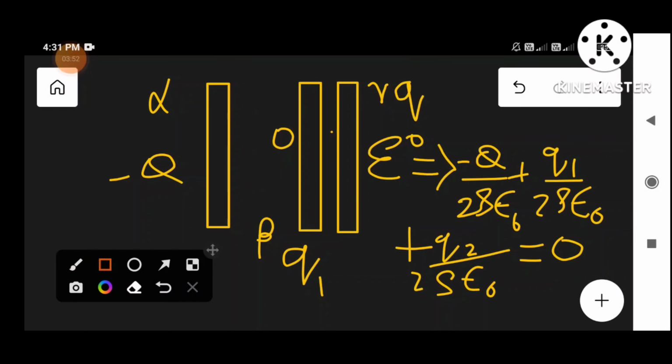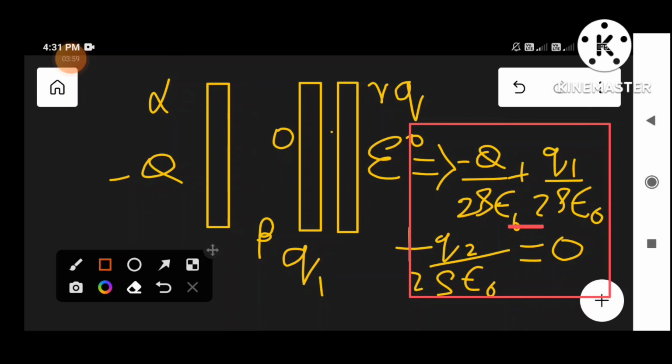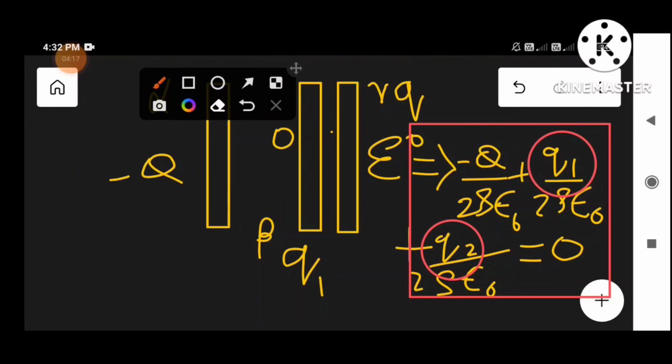Now in this expression, see what happens. Basically, if these small charges q1, q2 are positive, what are we getting if we solve this equation? We are getting q as q1 plus q2.